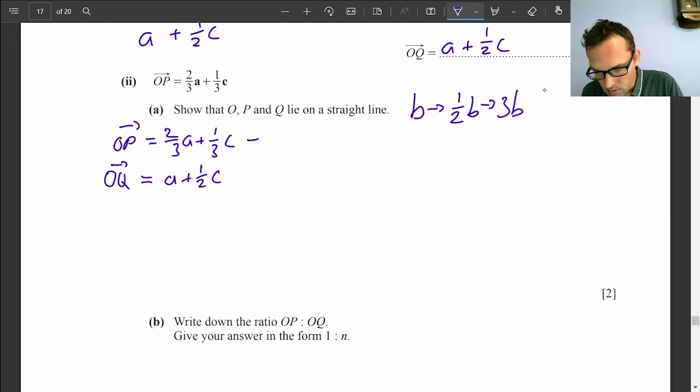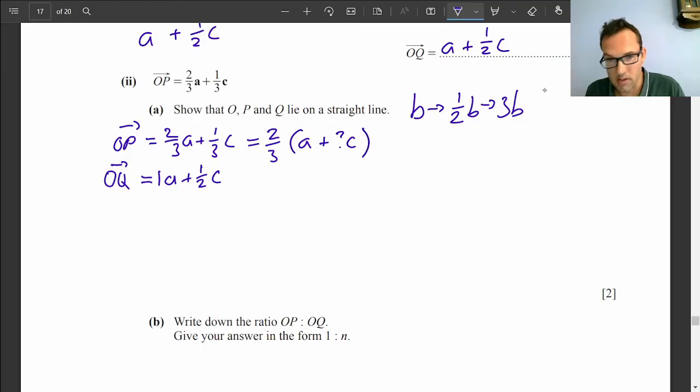So what I'm going to try and do is get that a the same. Let's make the a for both 1a. So to do that, I need to factorize out 2/3 of the first vector, meaning I take out 2/3. So 2/3 times a is 2/3 a. 2/3 times what c will give me a third c?